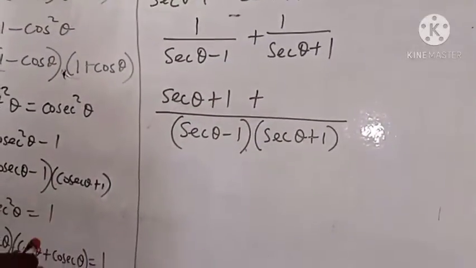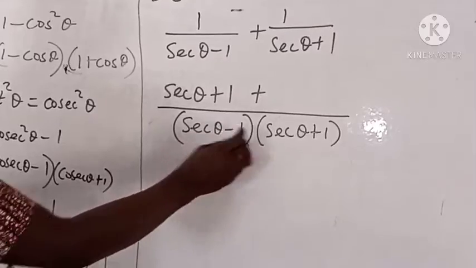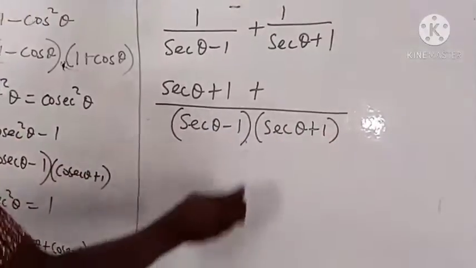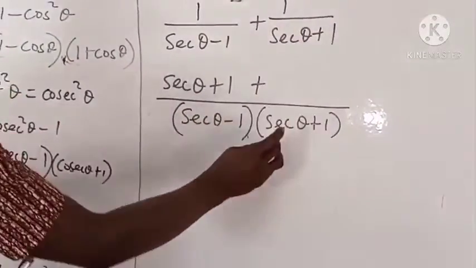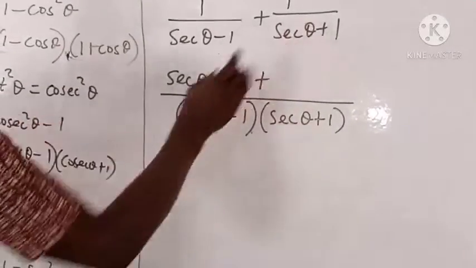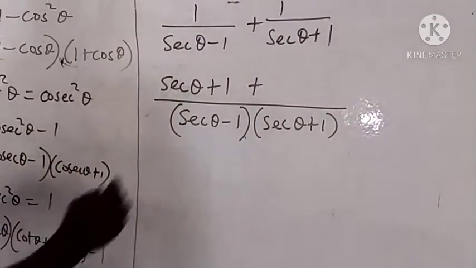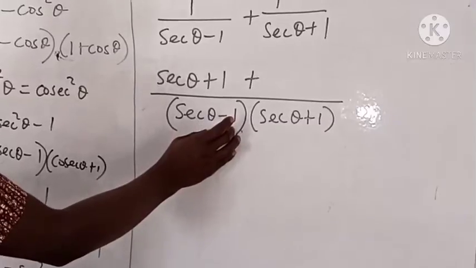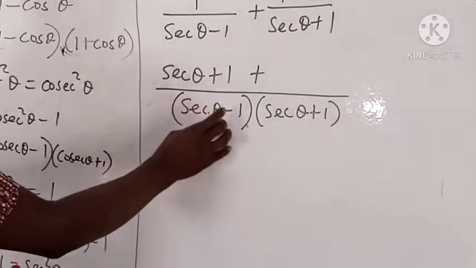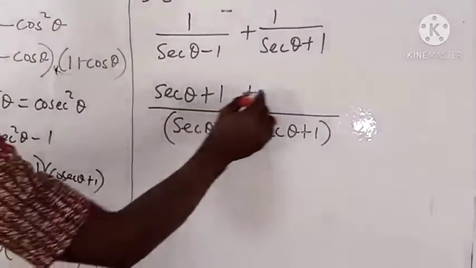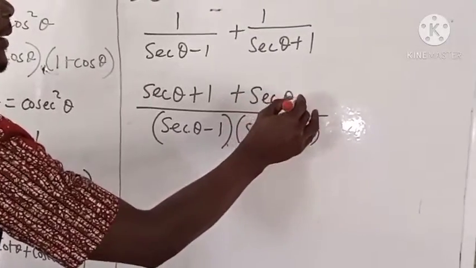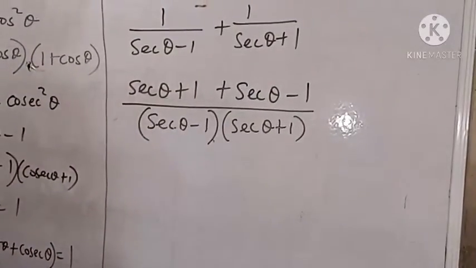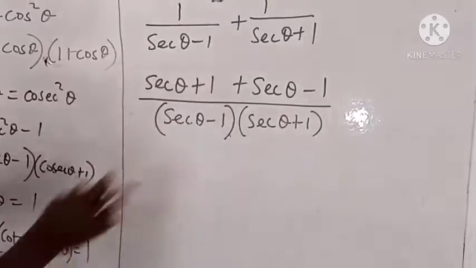Plus the LCM again, sec theta minus 1 sec theta plus 1 divided by sec theta plus 1. Sec theta plus 1 cancels out, giving sec theta minus 1. Multiplying by 1 gives sec theta minus 1. So this gives us the simplified form.